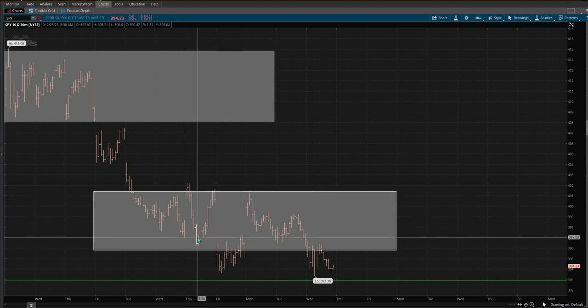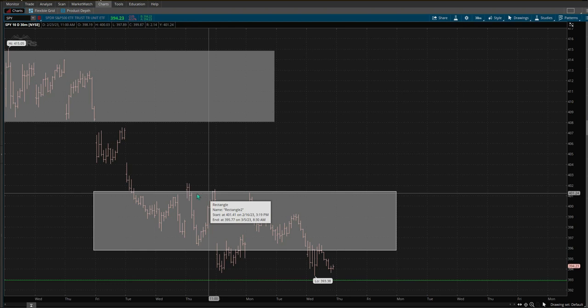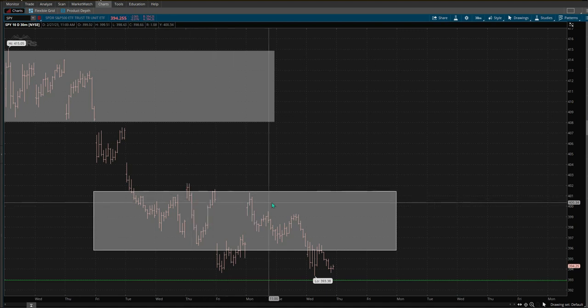If it comes down here and it comes back up here, you've already lost money, because now you lost the time value of the option, because the options have an expiration date, so there's a time value. So the longer this thing is stretched out, the options start to lose value.